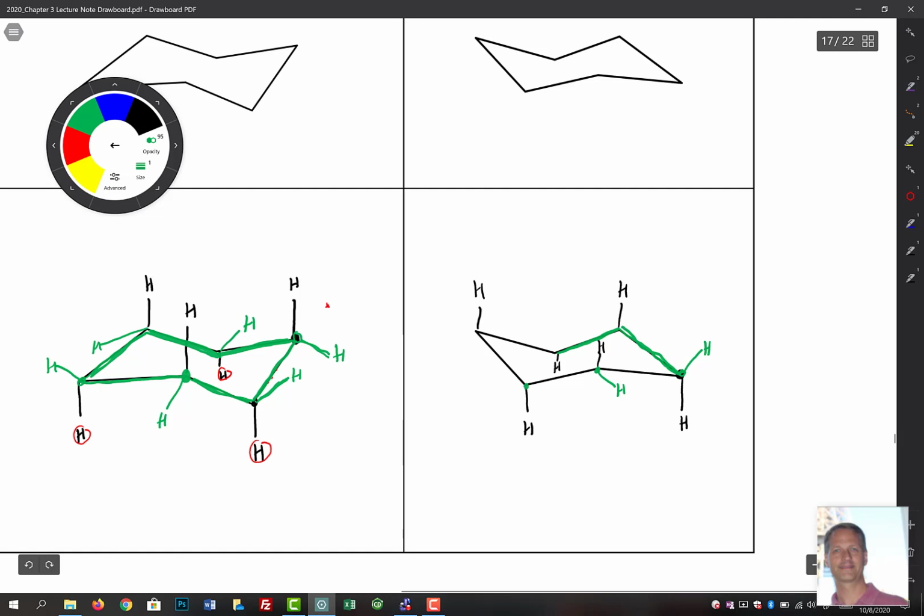Right, moving over here, that's going to come up roughly parallel with this bond right here. Right, at this position, that needs to be about parallel with this carbon-carbon bond. Right, so we're talking about this one right here. So that H needs to come down to right there.